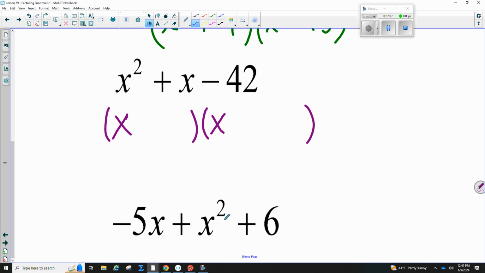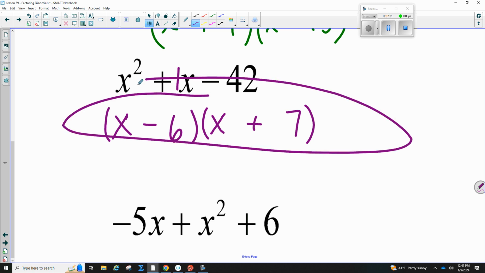So probably 6 and 7. Which one has to be positive this time? Yes, in order to add to +1, and then they still multiply to -42. Yeah, it does not matter. So this answer here is also correct. Okay, samesies.